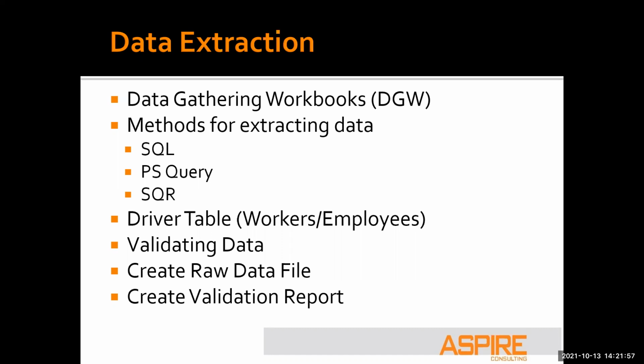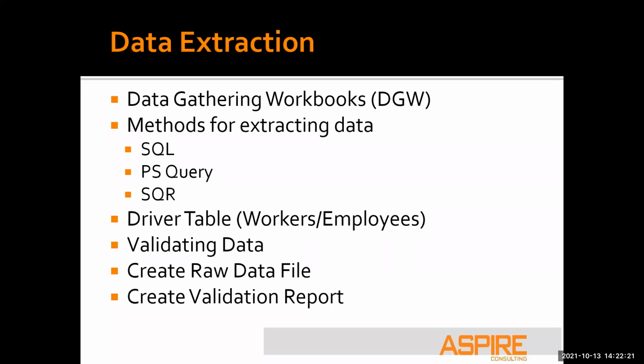They can do whatever kind of validations they want to do as a functional team to make sure that we're including the right people, that we're including the right values, and so on and so forth. So that raw data file is what you'll pass on then to your functional team to make sure that they can review it before it's handed to the implementation partner to load, which we'll get to eventually.